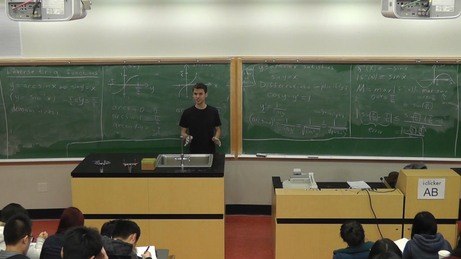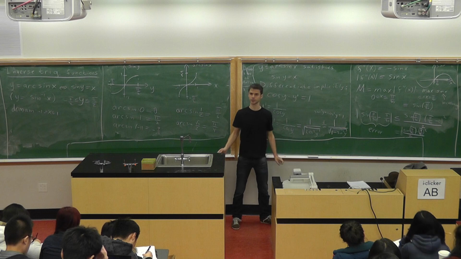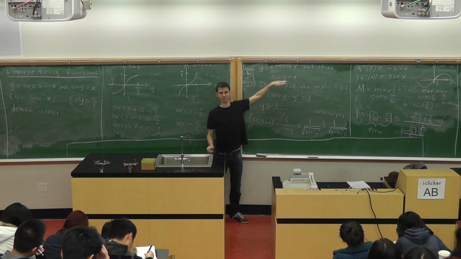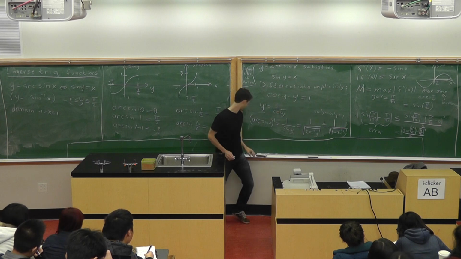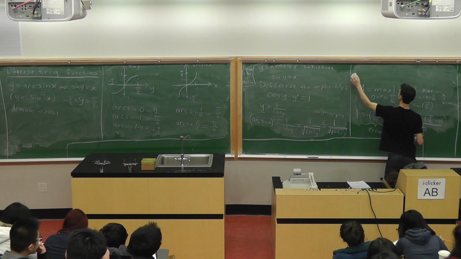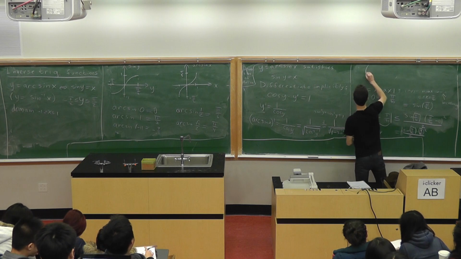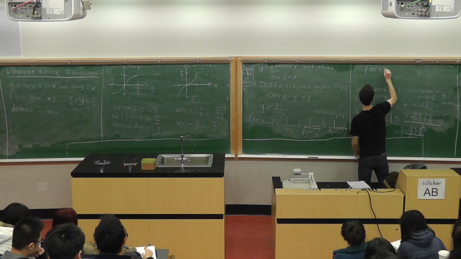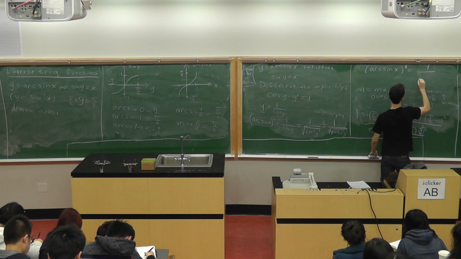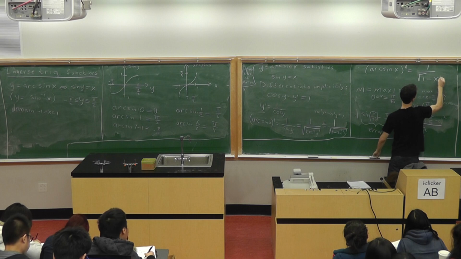Now I can quite easily convert this to an expression in x. How? Well, I know what the sine of y is, just x. So the derivative of arc sine of x is 1 over square root of 1 minus x squared.